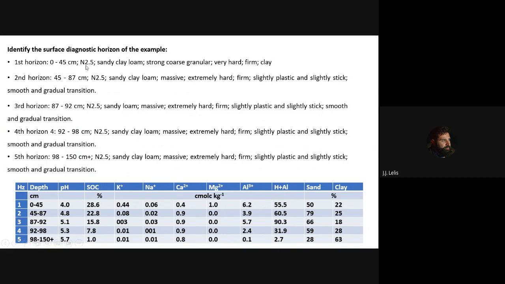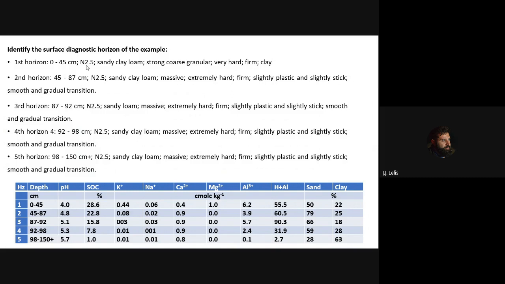We have a gray color, and gray color is only formed when we have a soil or a horizon that's influenced by water table, tidal water, or something that avoids the penetration, the conductivity of water.